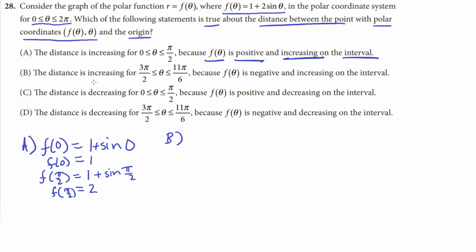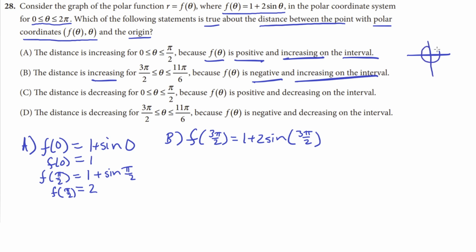B says the distance between these two values of theta is increasing, and because f of theta is negative and increasing on the interval. So let's see if that's correct. Let's first plug in f of 3 pi by 2. So we'll have 1 plus 2 sine of 3 pi by 2.